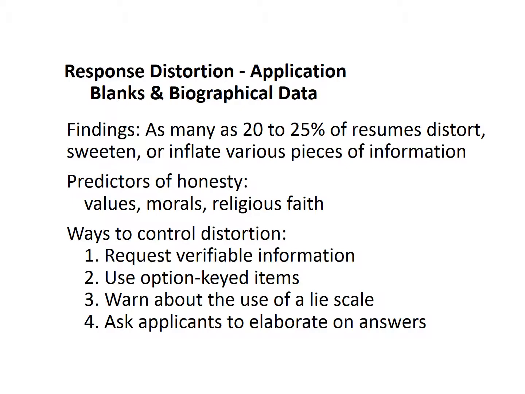So basically, when you have a choice, but you don't get to fill out qualitative information. So if you simply ask highest level of degree completed, high school, bachelor's, master's, PhD, you're more likely to get a truthful answer than if you have an open-ended blank asking for describe your educational experience. Well, that allows someone to possibly inflate or distort what their actual experiences were and maybe make a claim or infer that they have a better degree than they actually do.